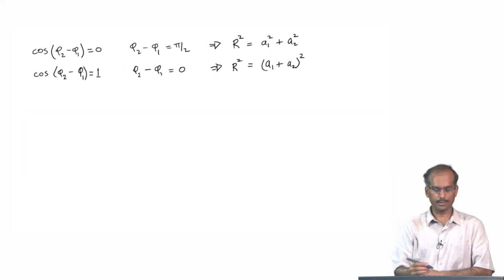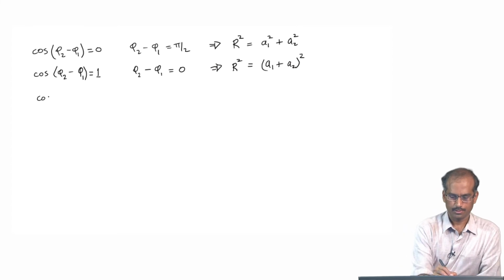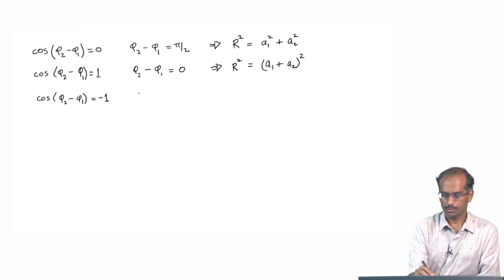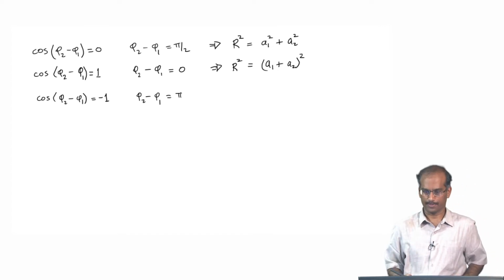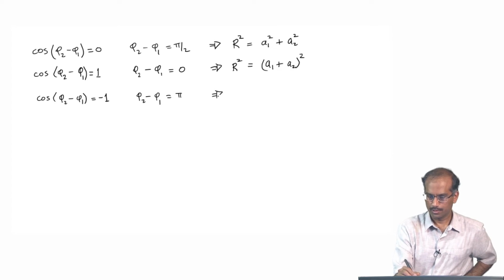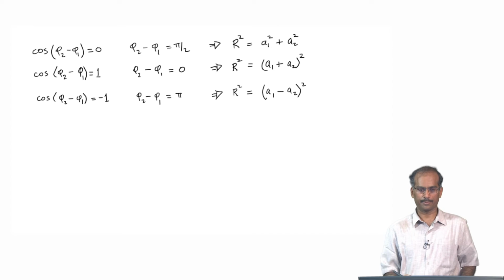We can look at another limiting case, when cos(phi 2 minus phi 1) is equal to minus 1, which could happen when phi 2 minus phi 1 is equal to pi, and this would give r square equal to (A1 minus A2) whole square.